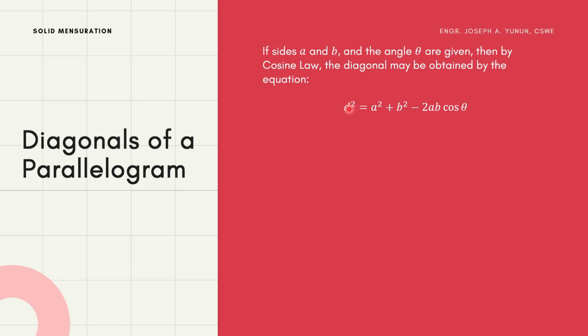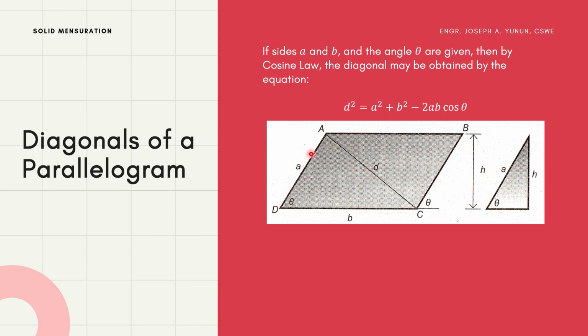If I have a diagonal here, the angle is one of the corners. It depends on the diagonal, but this is the formula. For example, if this diagonal is the unknown or required, by cosine law, theta should be opposite.